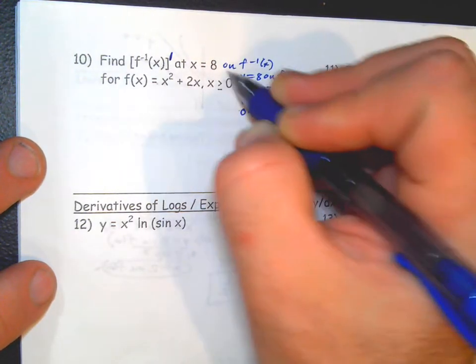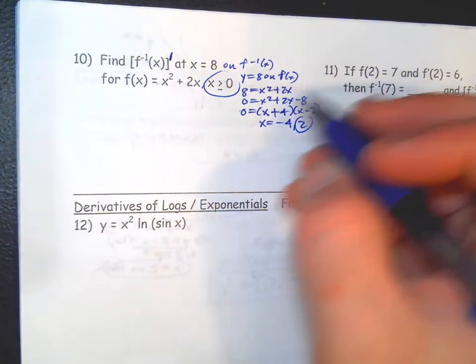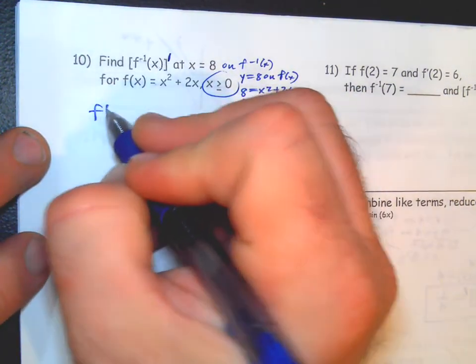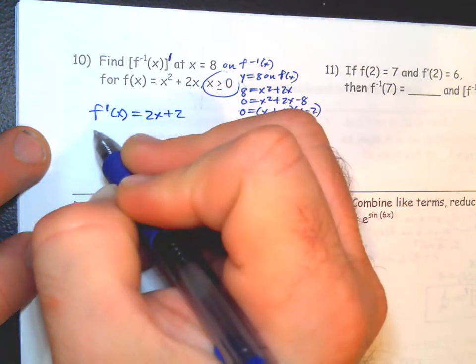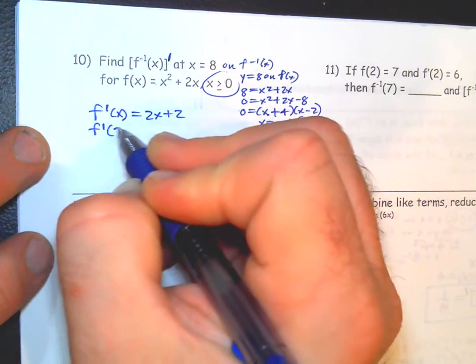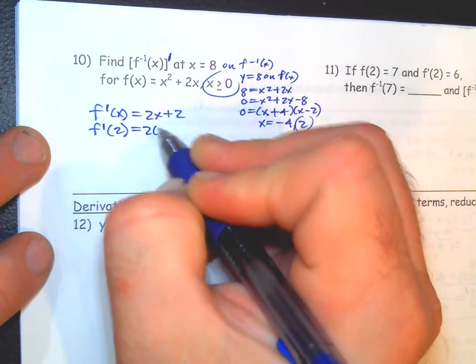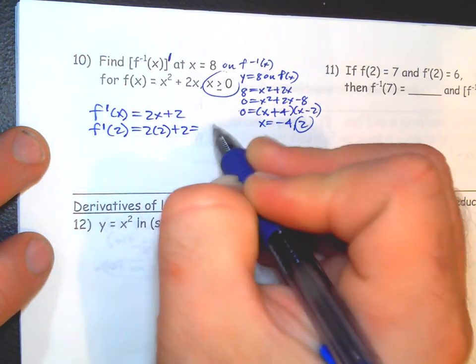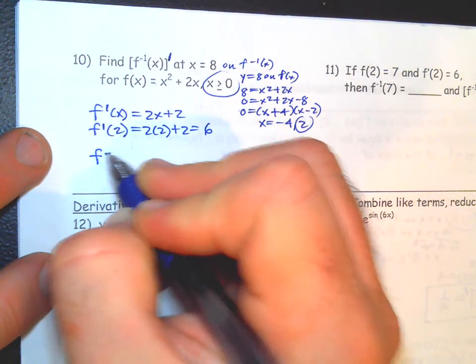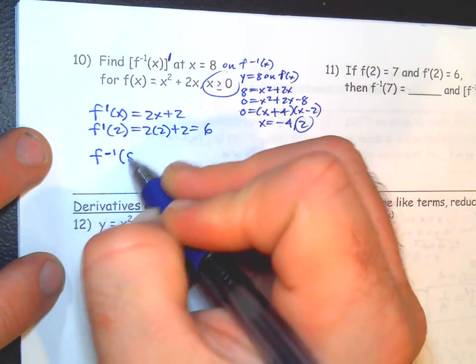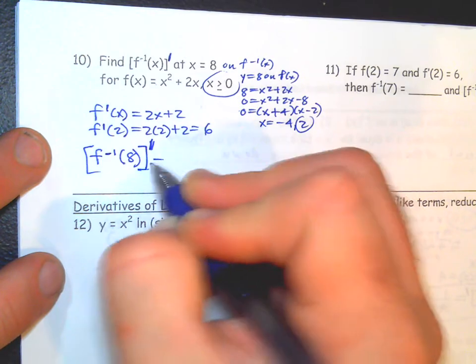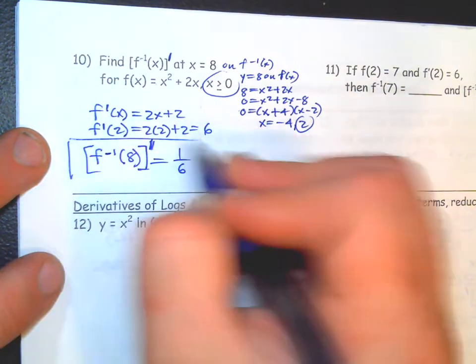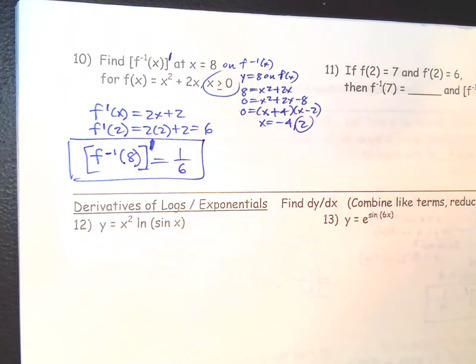And this time it's clear we want the positive. So then I'm going to take the derivative of the original graph and I'm going to plug 2 into it. And so then the inverse graph at x equals 8 derivative is that flipped upside down, 1/6.